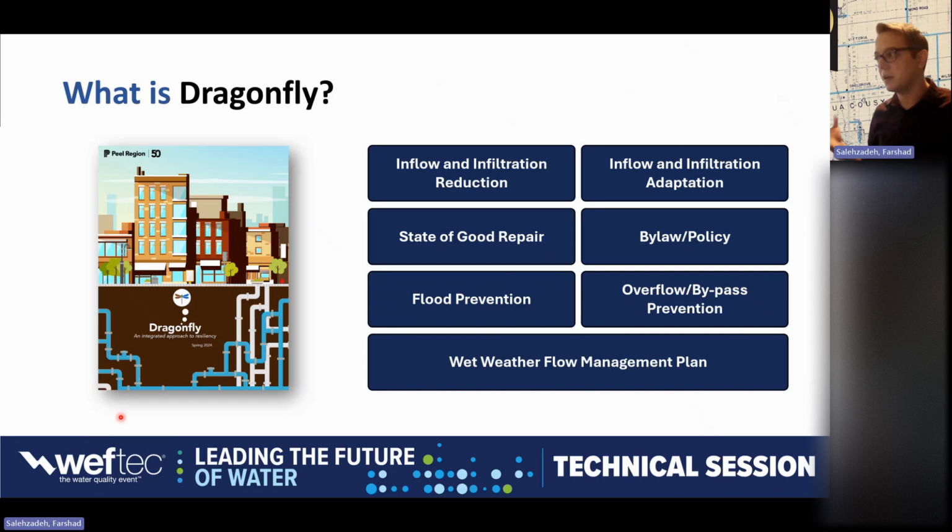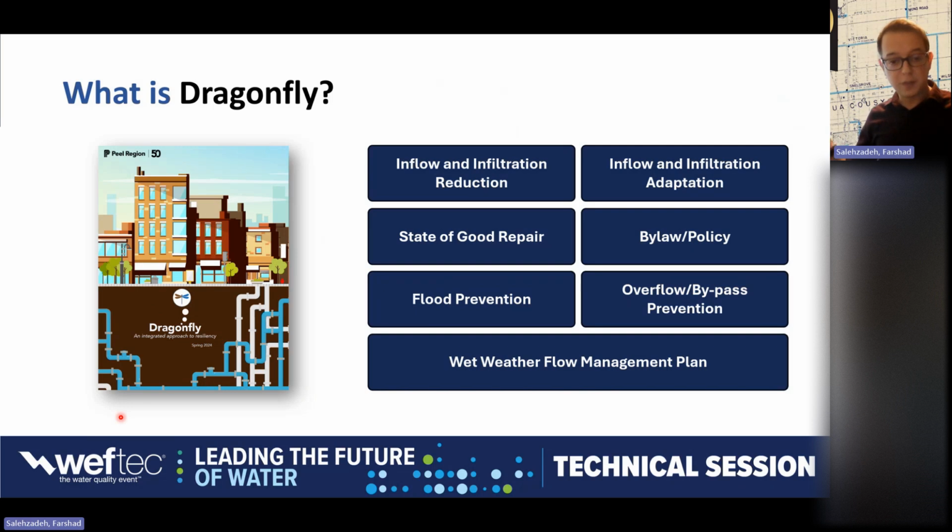Some people would think of it as a flood prevention program. Some others would think of it as a state of good repair. These are all correct. There are other names on the slide as to how you would describe this document, but the best term that I found to explain it is wet weather flow management plan for the region of Peel, and I would explain what that means.